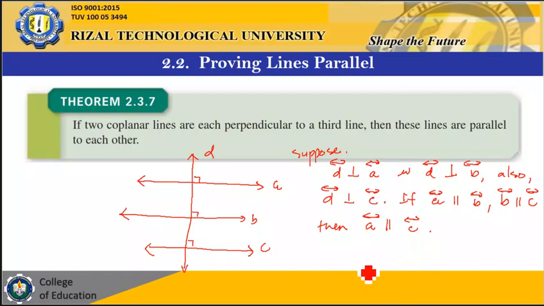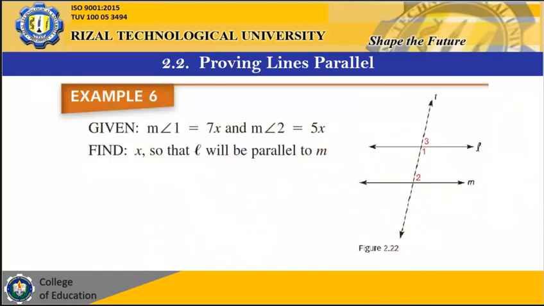Let's have an example. Given that the measure of angle 1 is equal to 7x and the measure of angle 2 is 5x, find the value of x so that line L will be parallel to M. Okay, so let's have our solution here.